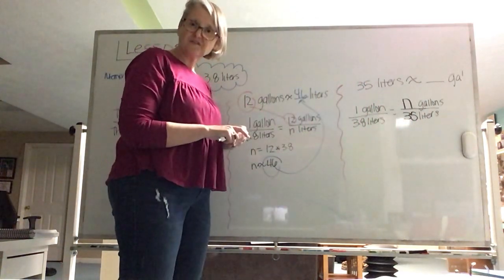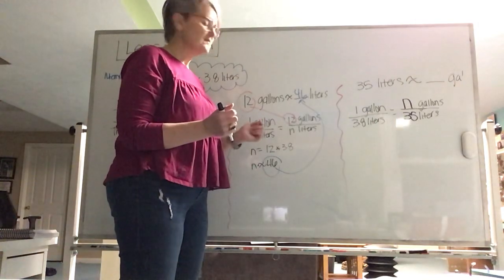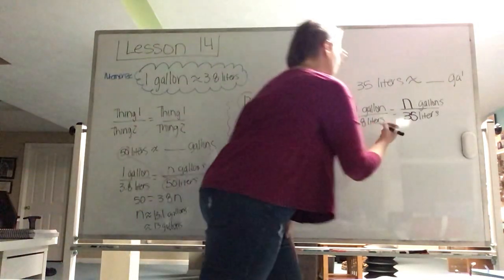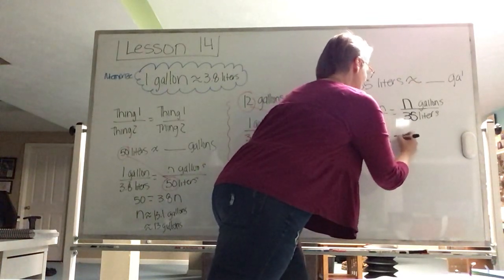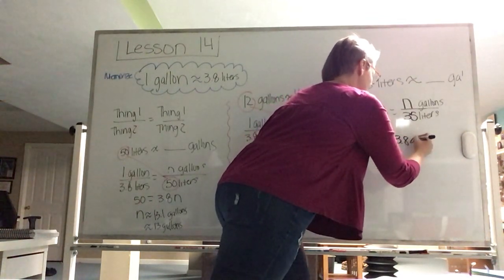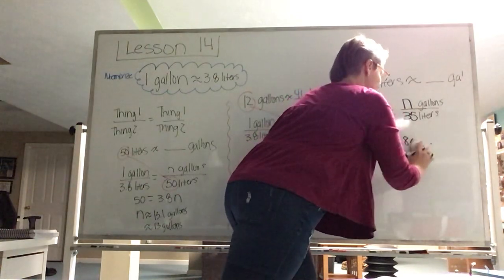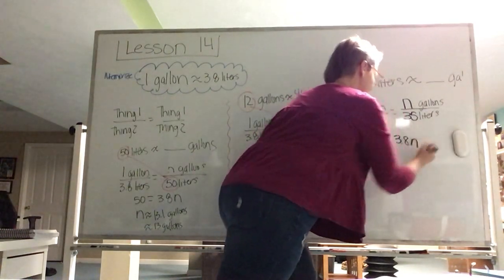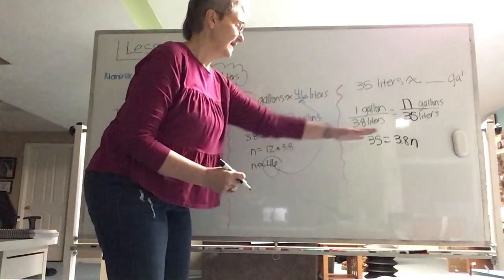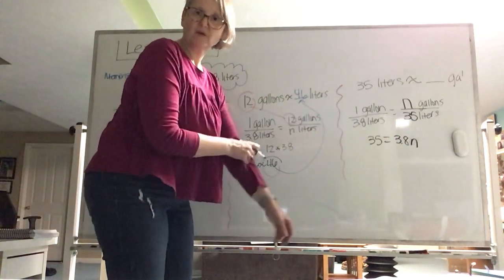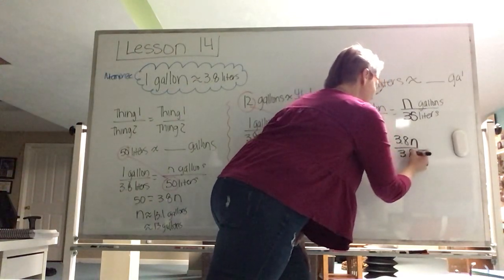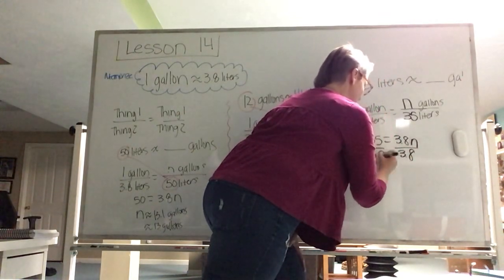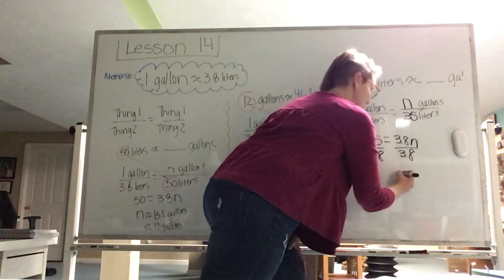When I have 2 fractions that are equal, I will cross multiply. So 35 equals 3.8N. Now I know that my N is being multiplied by 3.8, so I'm going to divide both sides by 3.8. And then I just do the math.